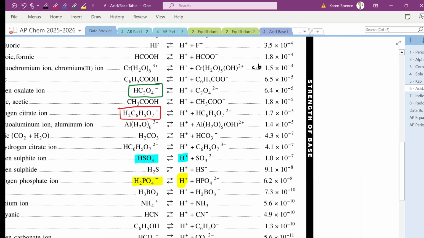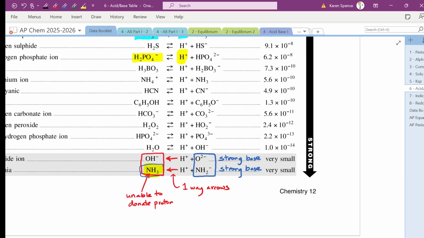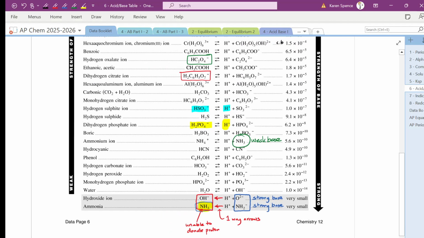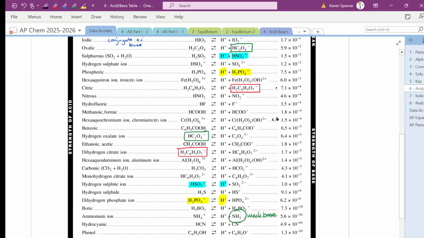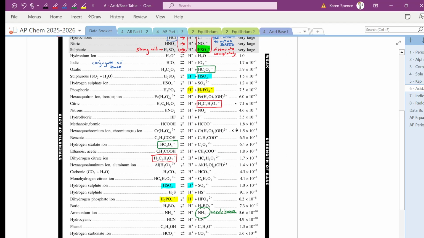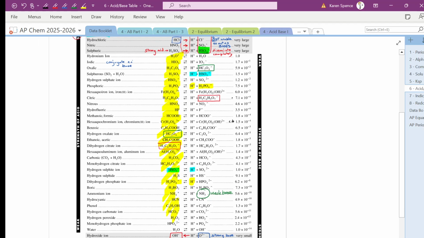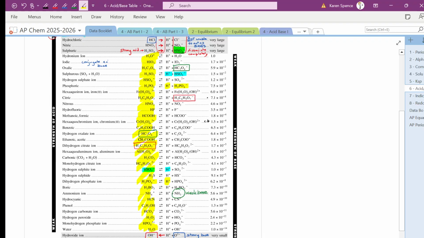But it is a base, right? It is a base, but it is a weak base. Anything that is not in the gray zone is going to be weak. So all of the things in the middle area are weak acids. Everything from here all the way down to here are all weak acids.